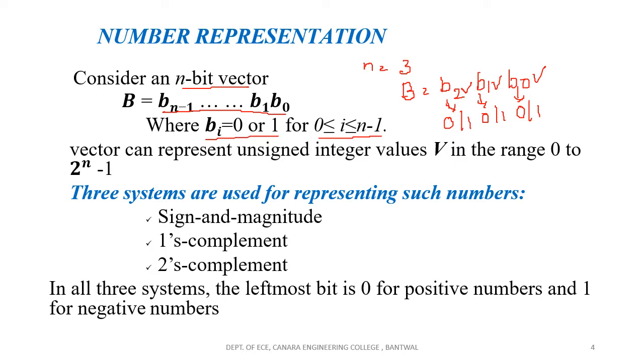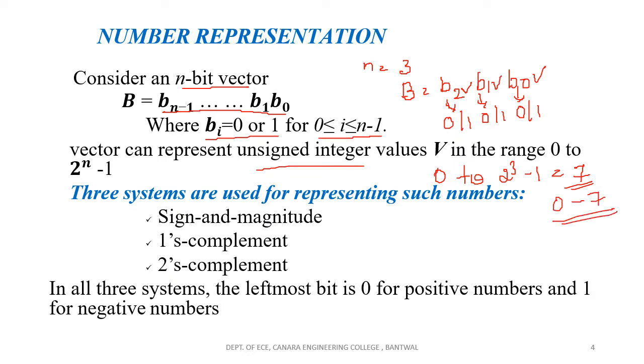This vector can represent the unsigned integer values v in the range from 0 to 2 to the n minus 1. That means in the same example, if it is an unsigned number, the range is from 0 to 2 power 3 minus 1, that is 8 minus 1, that is 0 to 7.